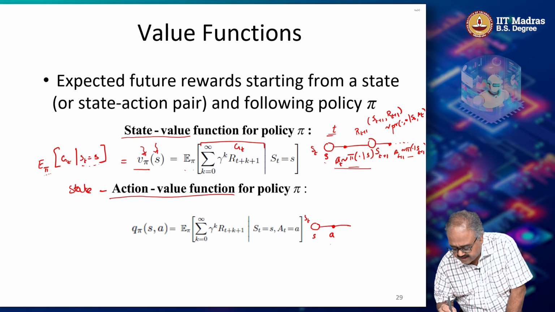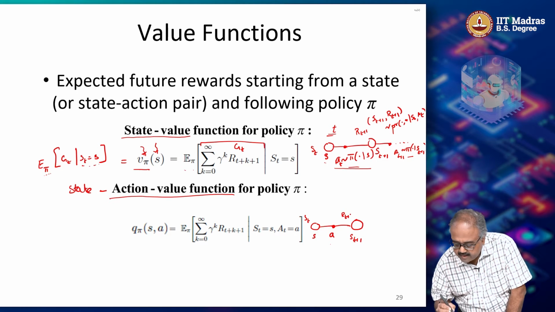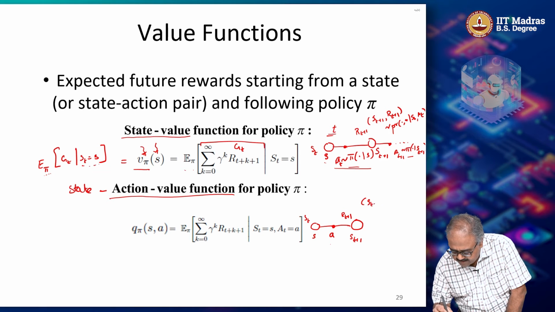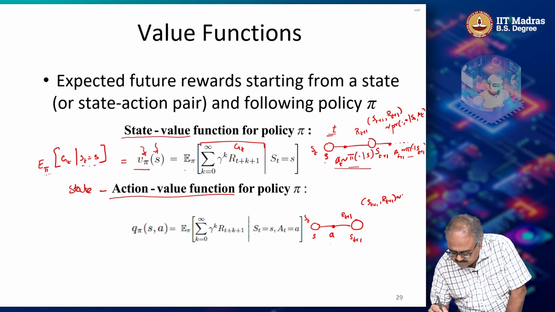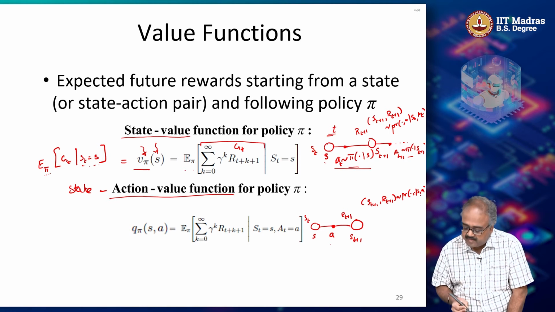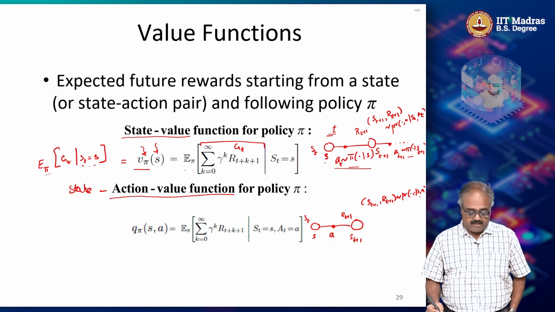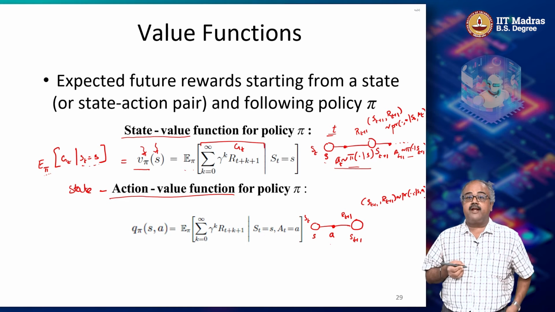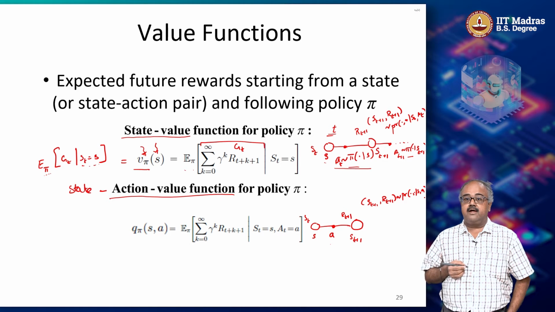Now that's going to cause a transition. I'll end up in some S_t+1 and R_t+1. So now again, as before, this S_t+1 and R_t+1 are going to be sampled from the probability of transition given S comma A. This is essentially what I am going to use to sample my reward and next state from.